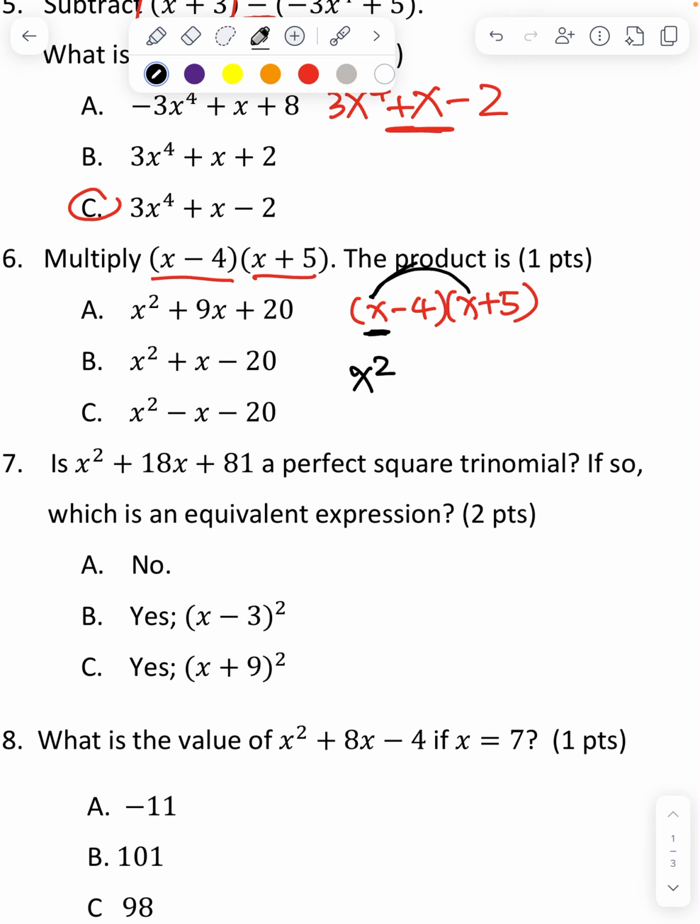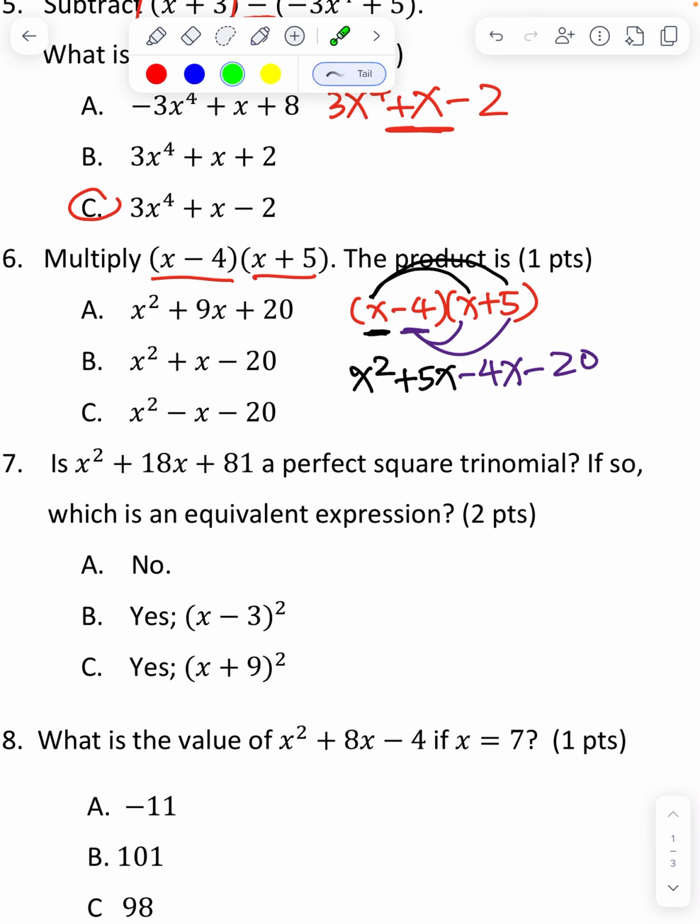And then x times positive 5, that's 5x. So this term finishes its job. Let's do the second one. Second one is negative 4. So negative 4 times x, that's negative 4x. And then negative 4 times positive 5, that's negative 20.